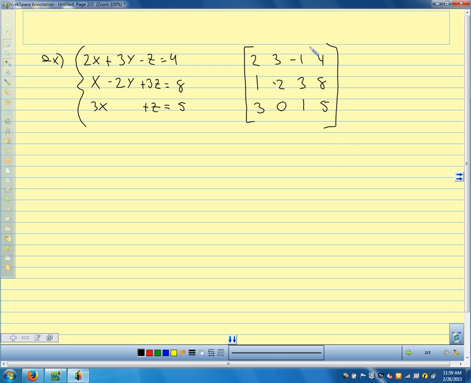Sometimes you'll separate this with a dotted line. We call the part that's just the numbers in front of the variables the coefficient matrix.